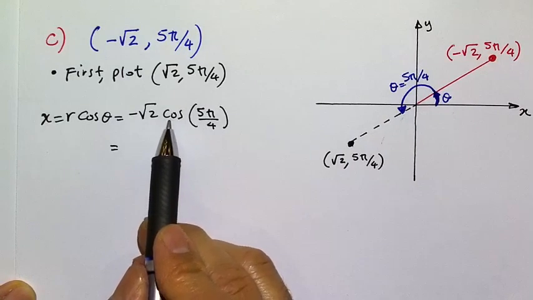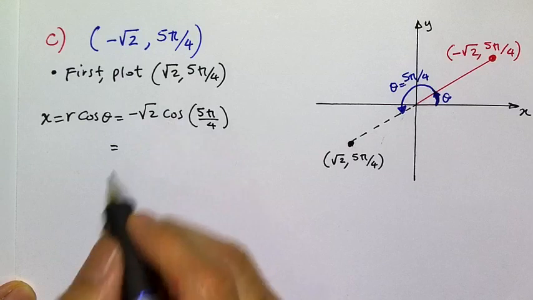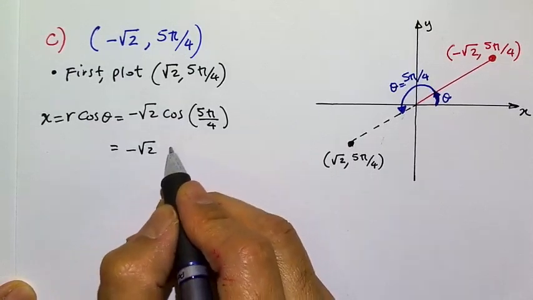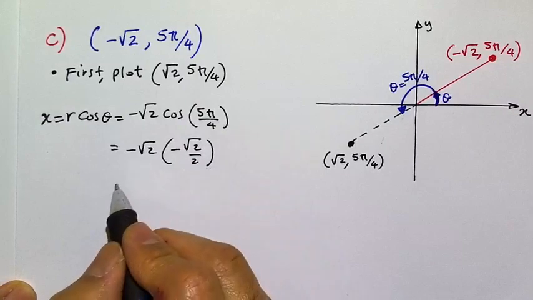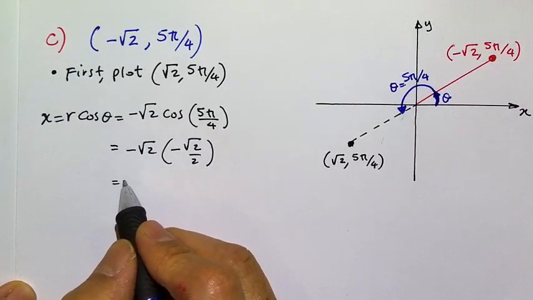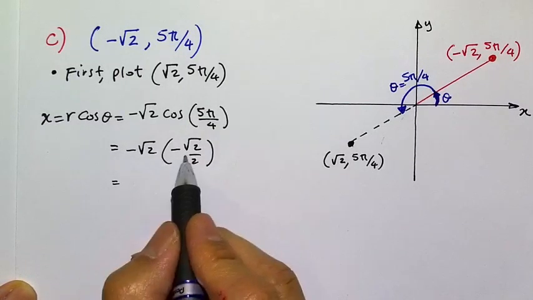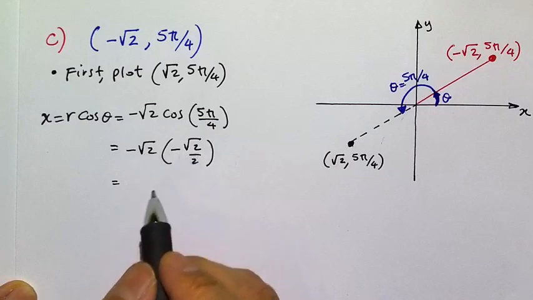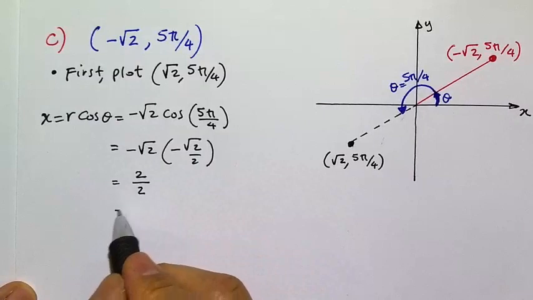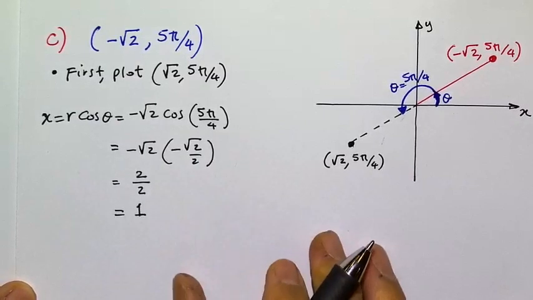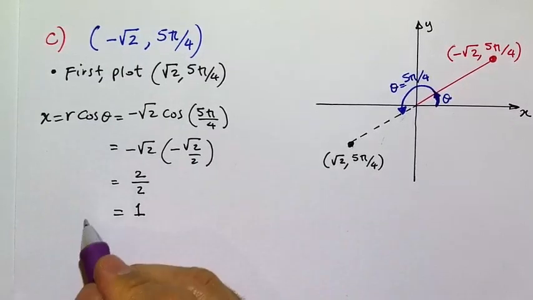In the third quadrant, cosine is negative, so that would be negative square root of 2 over 2. And so we have minus positive, square root of 2 times square root of 2 is 2 over 2, or equal to 1. Okay, so this is our x value.